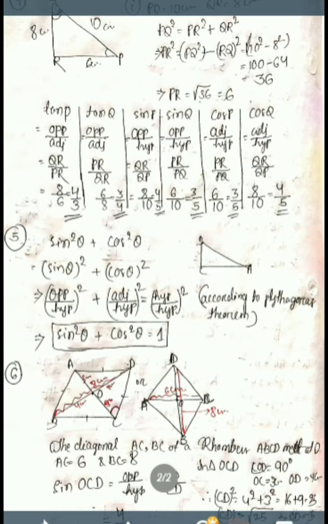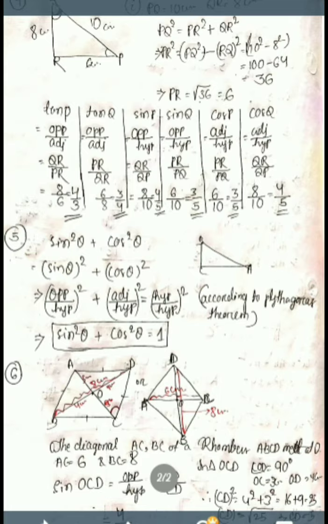See question number 7. If cos theta equal to 0.6, find the value of 5 sin theta minus 3 tan theta. And question number 8. In a right angle triangle, it is given that A is an acute angle and that tan A equal to 3 by 4.